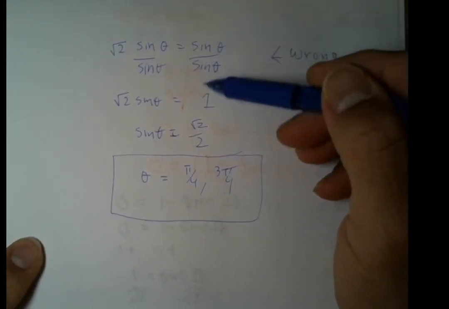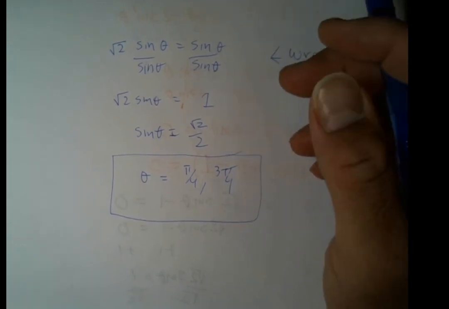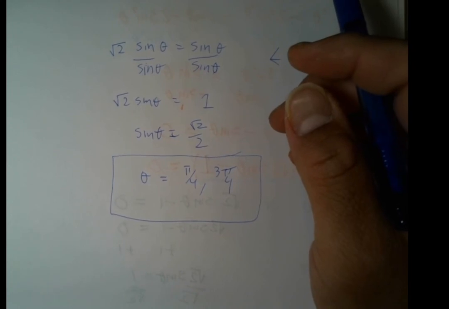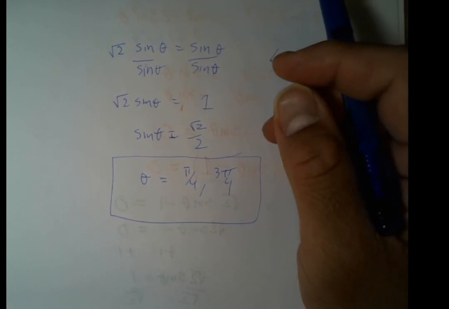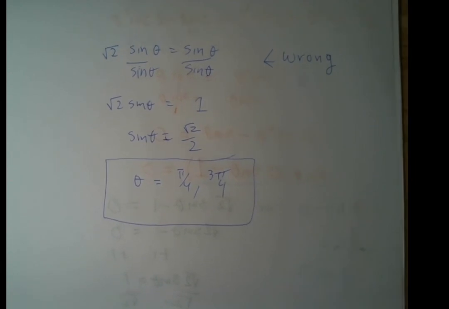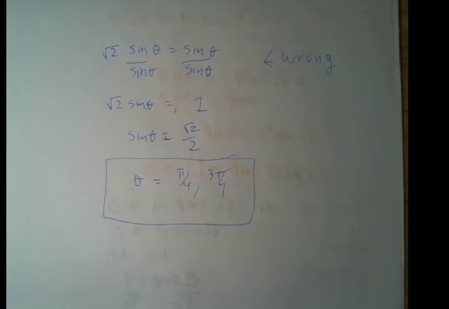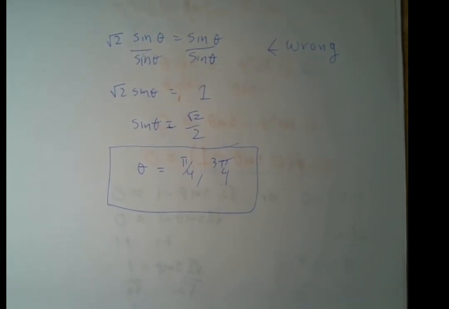Never cancel out or simplify these terms. And that goes for any kind of algebraic equation, not just trig. So do not approach it this way. It's a common mistake. Say it out loud: do not divide, do not simplify terms from both sides of the equation. Okay, thank you.